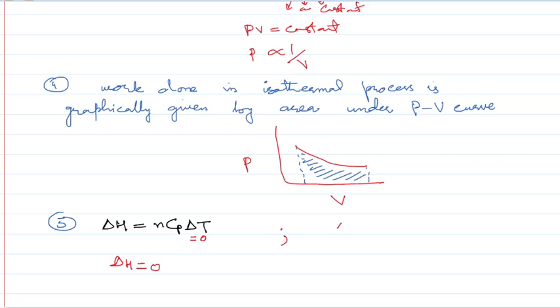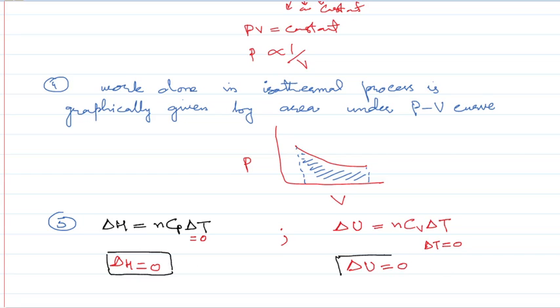And if we are talking about the change in internal energy, then we know the relation mCv delta T. Here also delta T for an isothermal process is equal to 0. So the change in internal energy will be equal to 0. Thus, we have to remember that for an isothermal process, the change in enthalpy is equal to 0 and the change in internal energy is equal to 0.